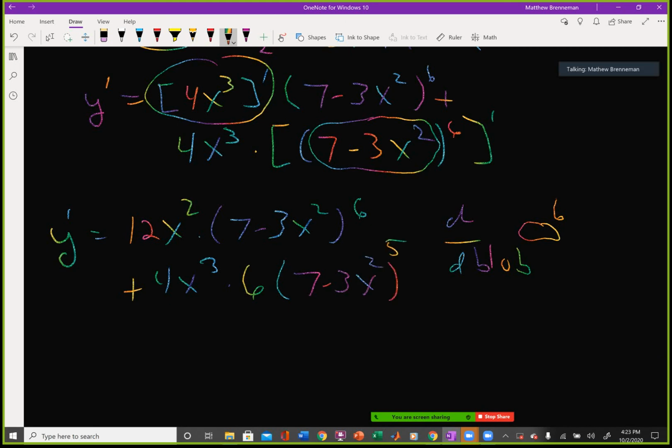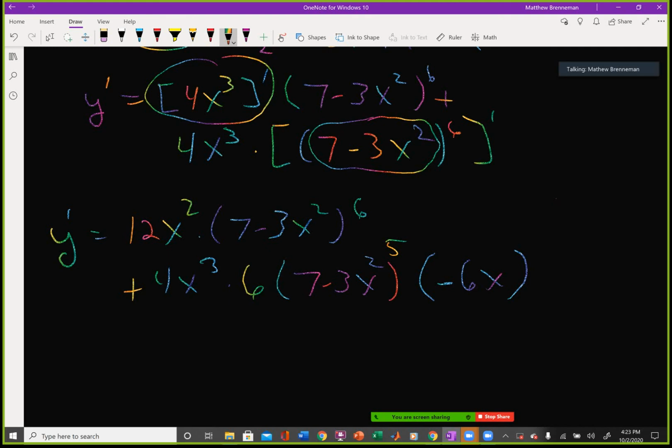And this is eventually what you want to get to. You want to start thinking in this way. You don't have to use the word blob, it's just kind of funny, okay? But at the end of the day, that's how you want to start doing the chain rule, rather than use a table. And then, of course, I'm going to have the derivative of the inside, which is just minus 6x.